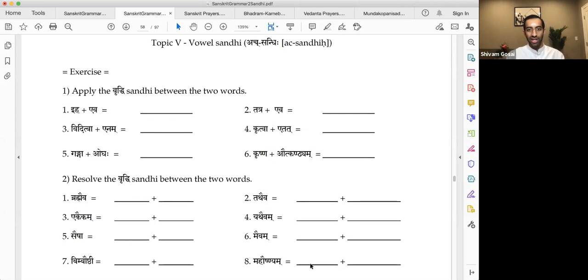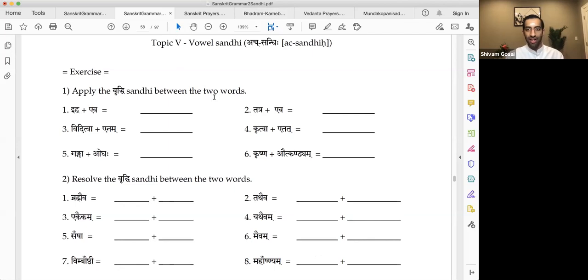So ihaiva, tatraiva. Number 3, viditvainam, kritvaitat, gangaugha, krishnaukantyam.